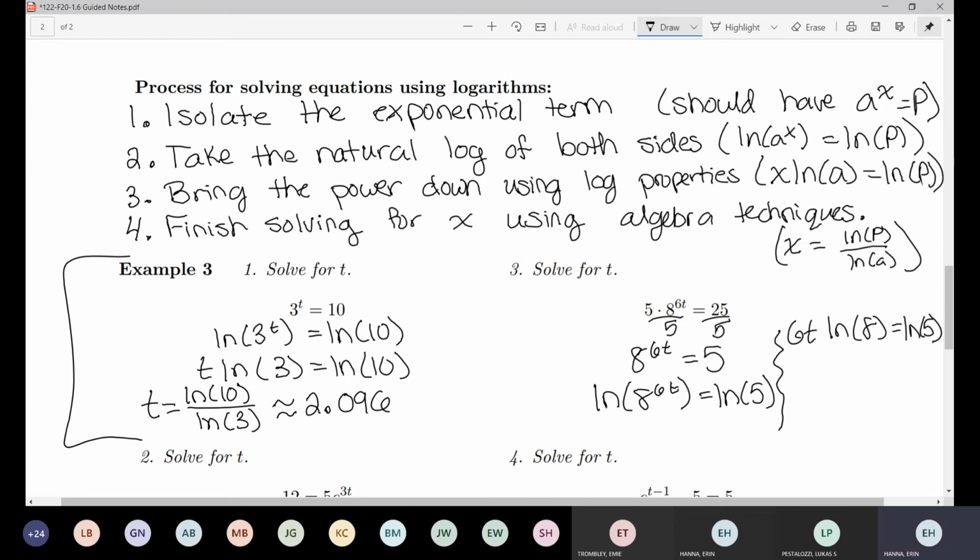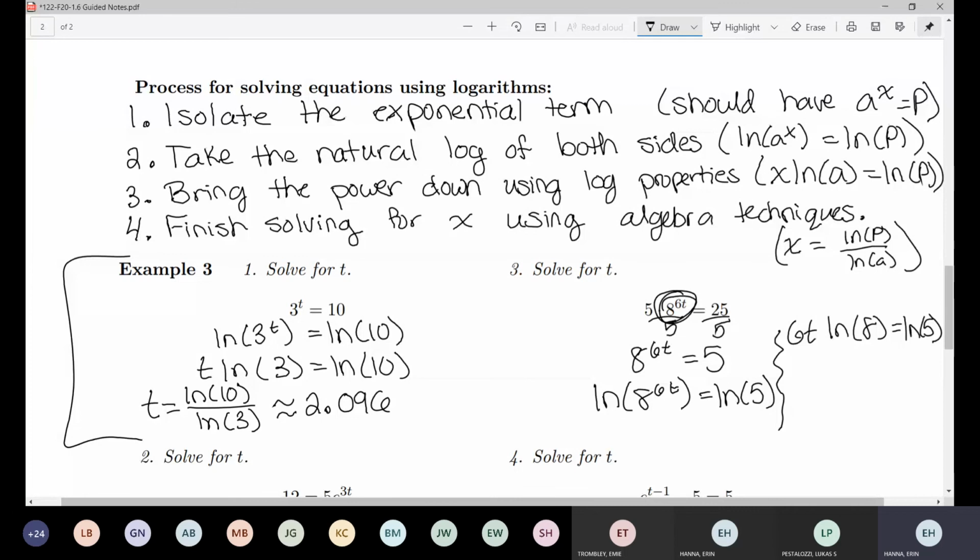How is that considered isolated now? Like, t isn't by itself. We don't want to isolate t yet. That's the goal. But to get t into a place where we can isolate it, we have to first isolate the thing with the t. So the thing we're focusing on isolating first is the exponential term, which is something to a power.